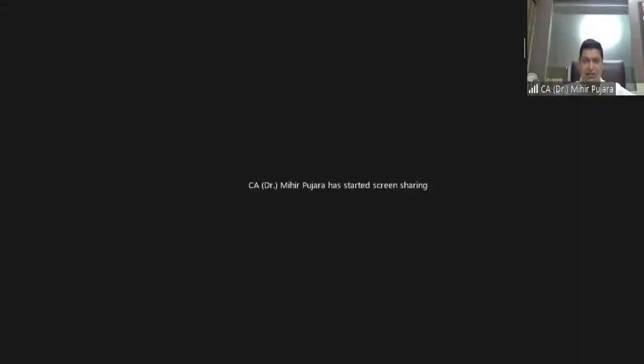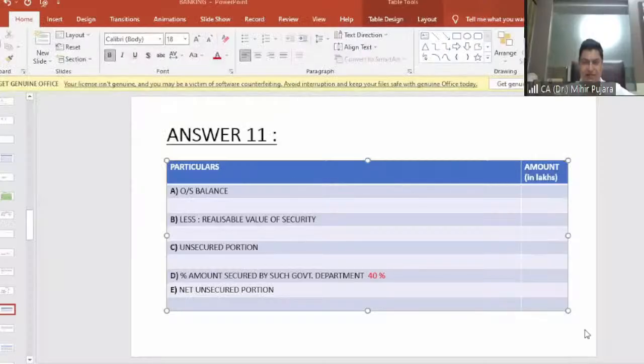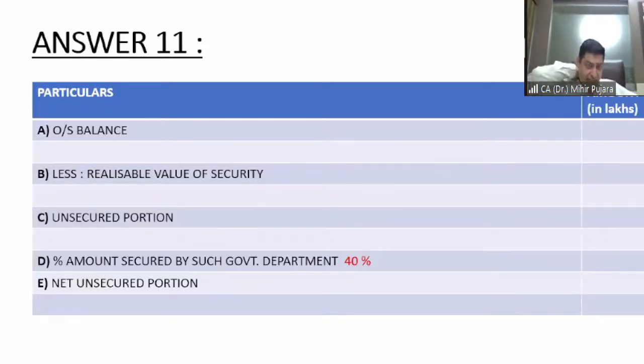In this, guys, you need to write in this table: outstanding less value of security, unsecured portion, amount secured by this department, and then net unsecured portion. In this, guys, A, B, C, D, E.